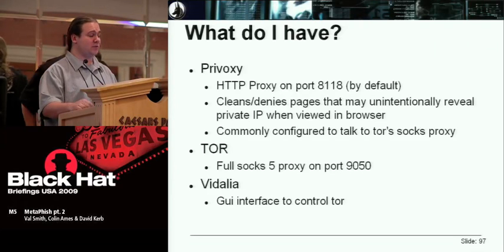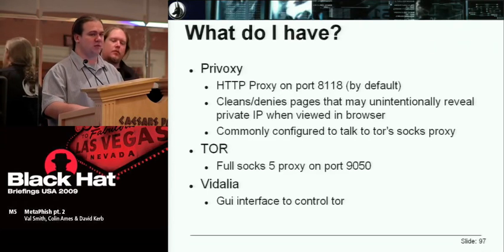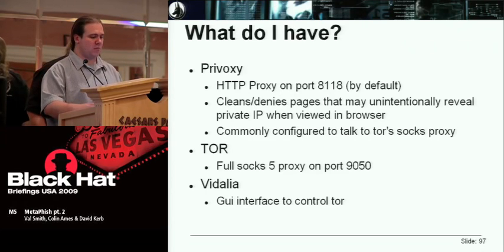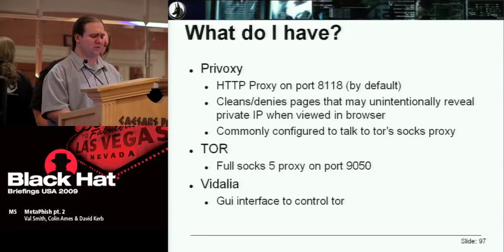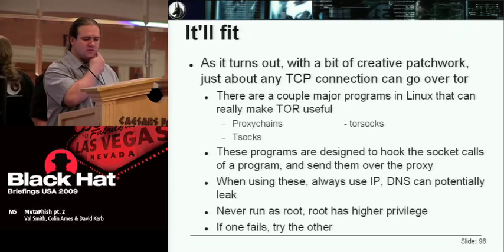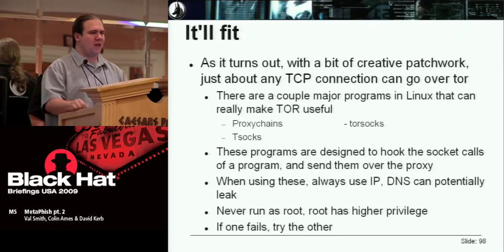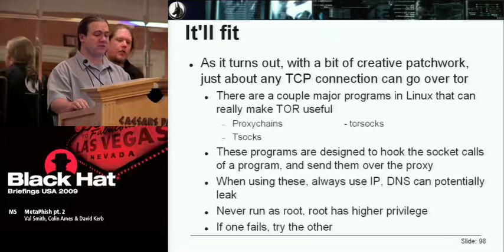Well, Nmap's a bad choice, but Nikto is a good example. You don't want to use the Proxy port for Nikto because it will end up changing what the results are and giving you weird answers. So on the 9050 port, that's your full SOCKS 5, and of course Vidalia is just the user interface. So anything TCP you can end up doing over Tor with some success.